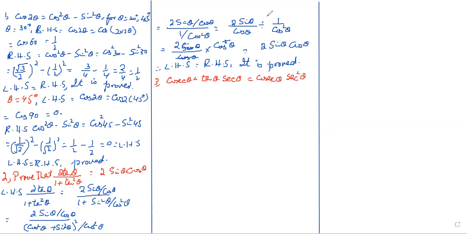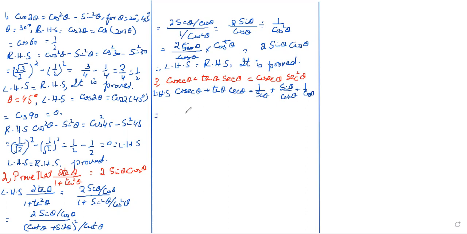Right, so again taking left hand side, it is cosecant theta plus tangent theta secant theta. So this may be written as 1 over sine theta plus sine theta over cosine theta times 1 over cosine theta.